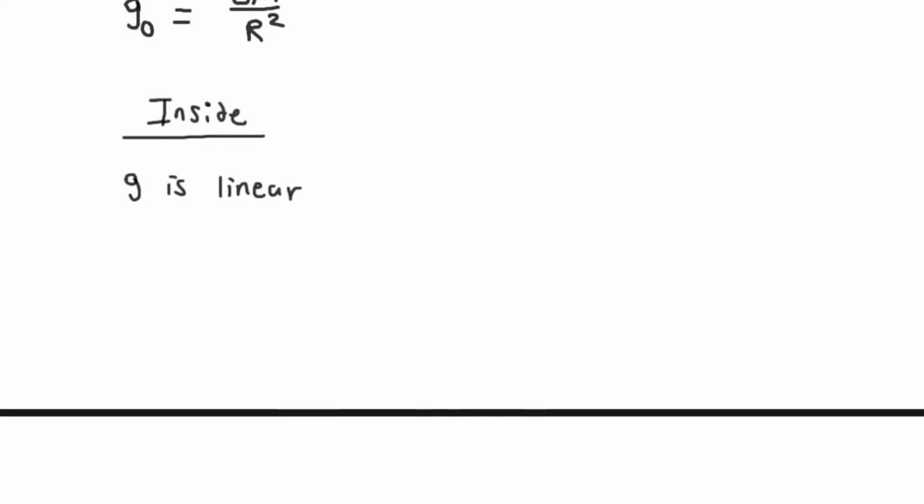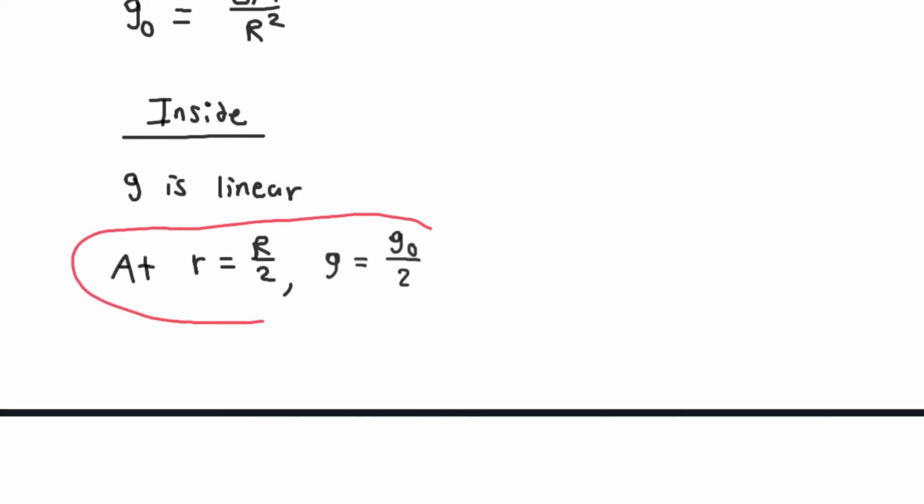So at 1/2 of a radius, we get g is equal to g naught divided by 2. Because it's just increasing linearly. So if you want 1/2 of the surface gravity, you just got to go halfway to the surface.